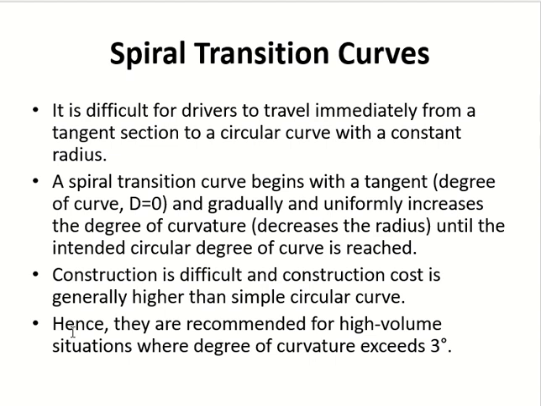Every point something is changing. It's difficult to draw. And we are not talking about drawing on a piece of paper. We are talking about constructing it in the field, on the site. So although spiral transition curves are safer, they are also more difficult in construction. Something which is more difficult has more cost as well. Keep it in your mind.